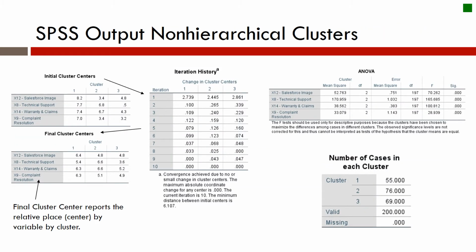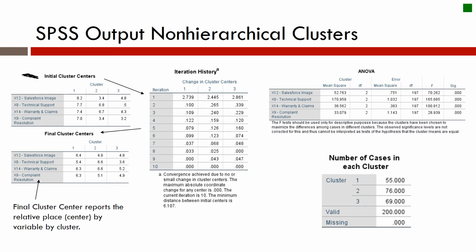Okay, so looking at some of the output data that you're going to see after you run this non-hierarchical analysis, you're going to begin with this initial cluster center. So remember we talked about seeds and the seed location. This alludes to the seed location, and we have different clusters.